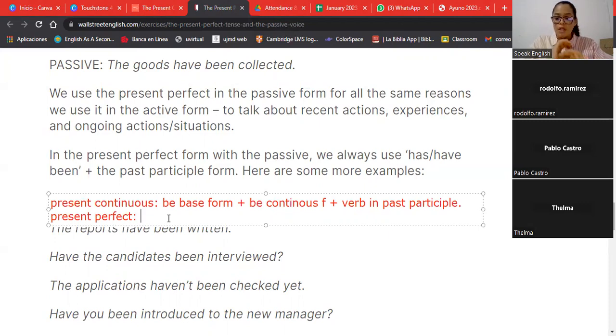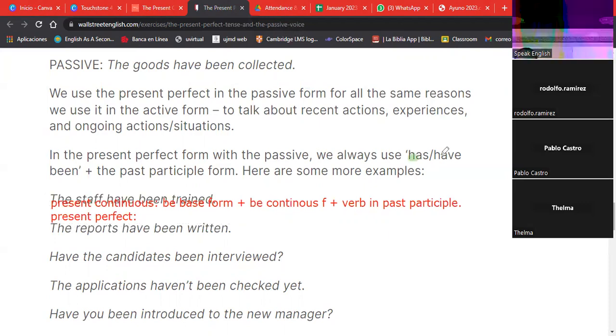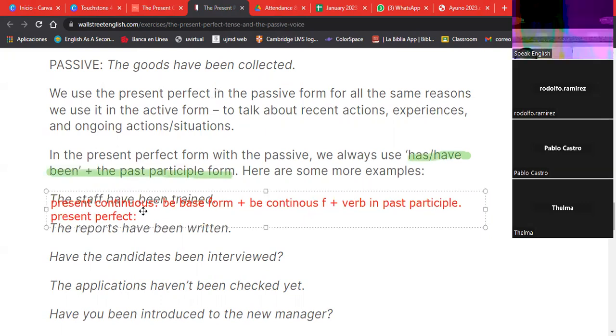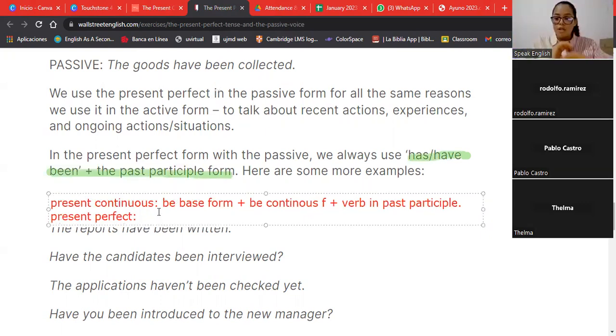Pablo, just read it. What is the structure, guys? The subject. Let me underline it. Here it is. What is the structure that we have to follow in the present perfect?